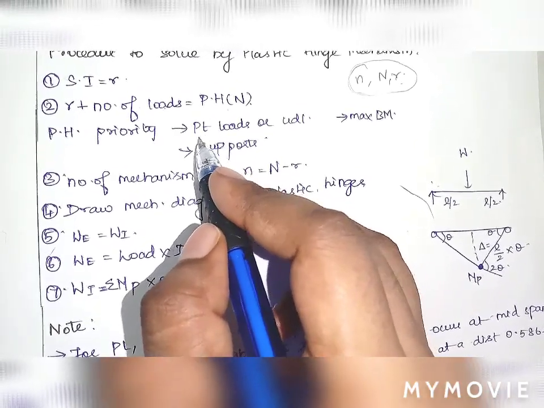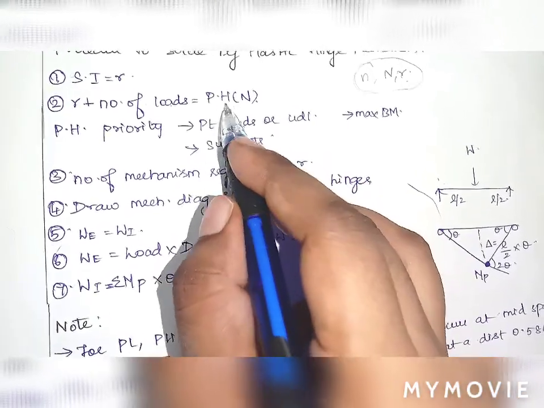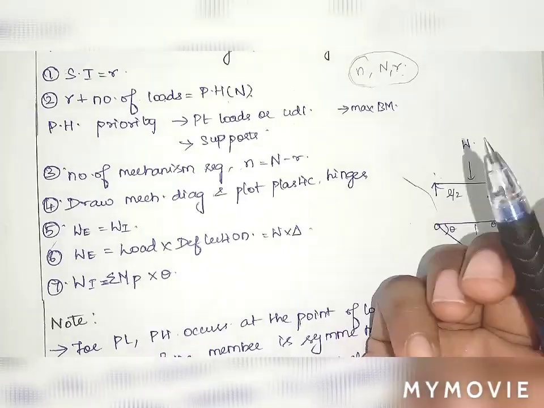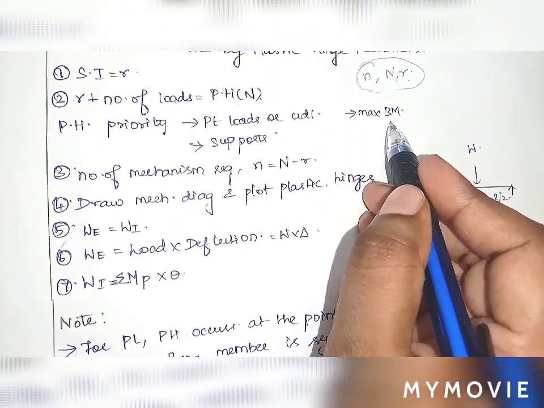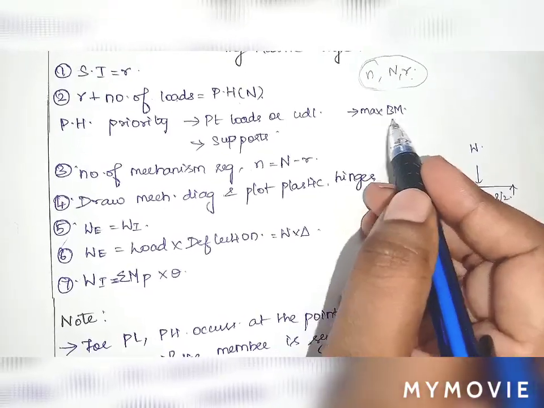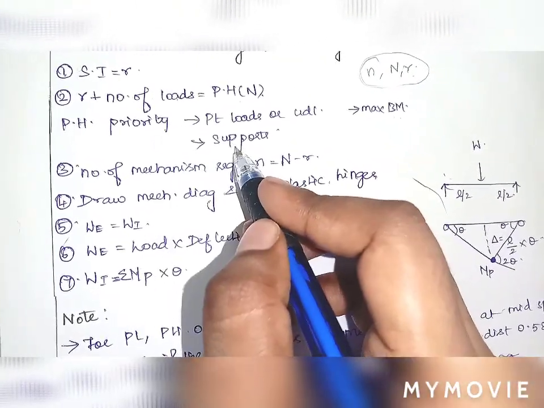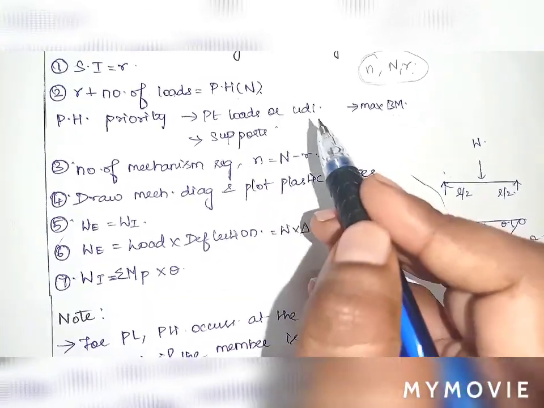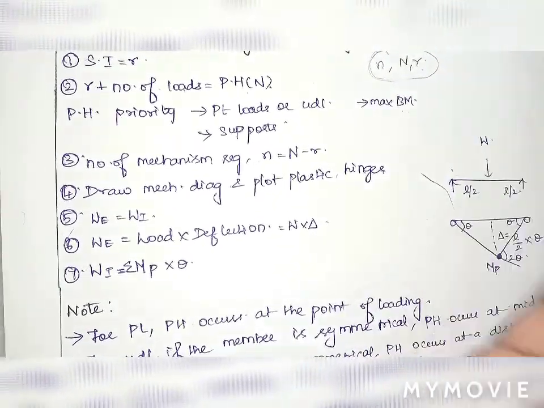The point where the point loads or UDL will act, there the plastic hinge will be located. That is the first priority. And the second one, the point where maximum bending moment will act, that is the second priority. And the next one, supports. So these are the important places where the plastic hinge will occur. If there are some extra plastic hinges also, we can put them at other supports.